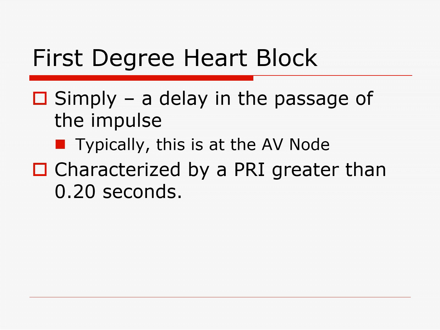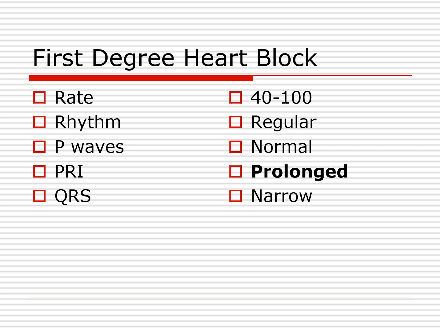It's characterized by a PRI, or PR interval, greater than 0.2 seconds. We're going to take a look at it several different times in this PowerPoint, going through this whole checklist. Our rate can be between 40 and 100, our rhythm is regular, our P waves are there. The only thing that's really abnormal is our PRI, which is prolonged.